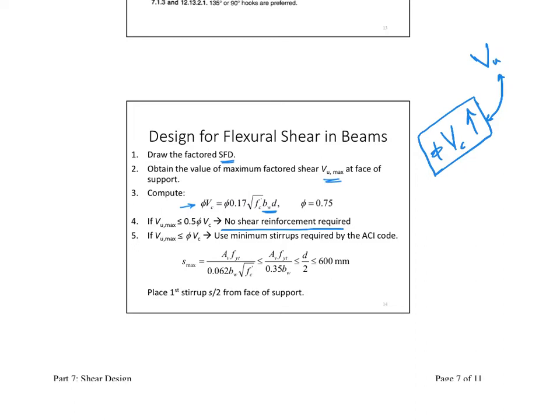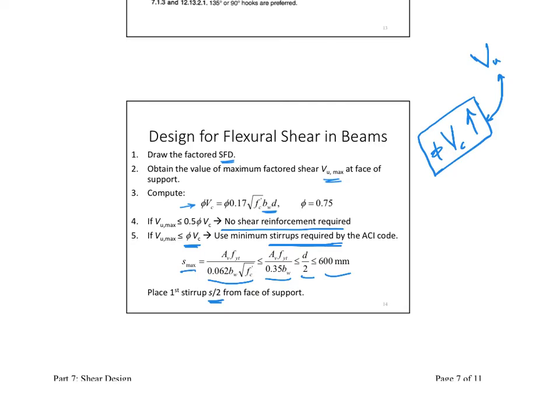And then if the VU is just less than phi VC, then we just use the minimum required stirrups by ACI. In this case, you just pick a value for your stirrup bar and then set your spacing to be the smallest of those four values, right? And then place your first stirrup at S/2 from the face of the support.